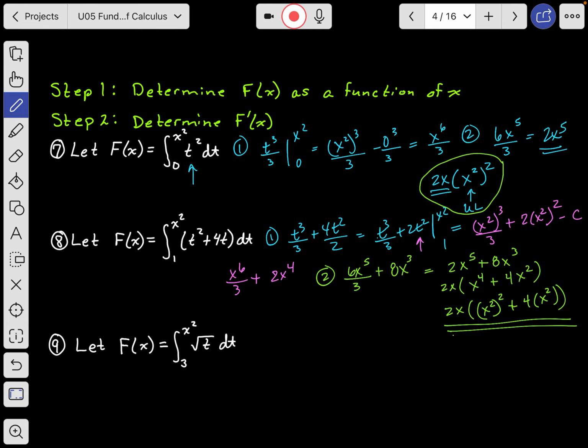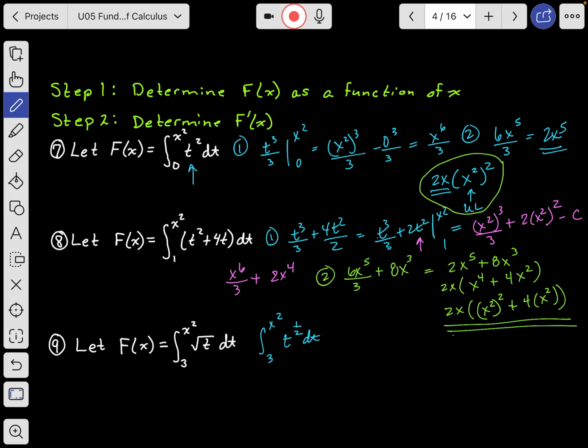Go back to my blue. All right, I'm going to go ahead and rewrite this as x to the 1/2. And so this is the integral from some constant to x squared of t to the 1/2 dt. All right, so first, the antiderivative.